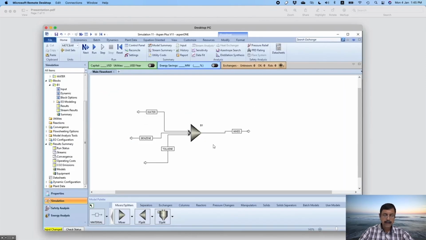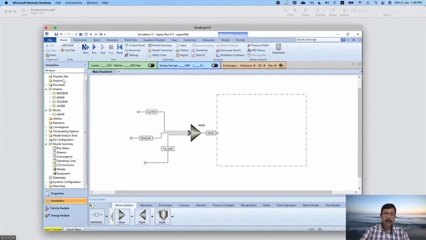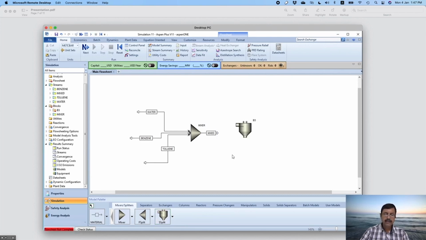So we add a splitter over here. We bring in first the FSplit, and connect the mixed stream with this. Then there are 3 streams coming out from the FSplit.